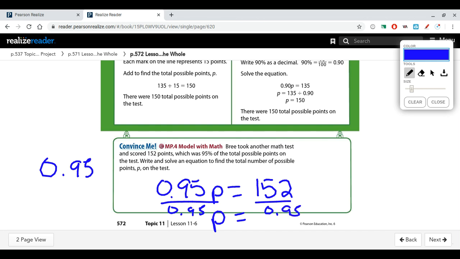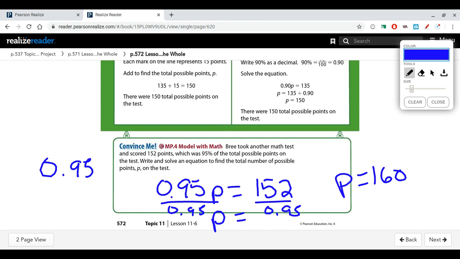When I do that, you guys are going to use a calculator, because I'm concerned today about your skill of finding part of a whole and not your decimal fluency. So I would type in 152 divided by 0.95, and I end up with P equals 160.